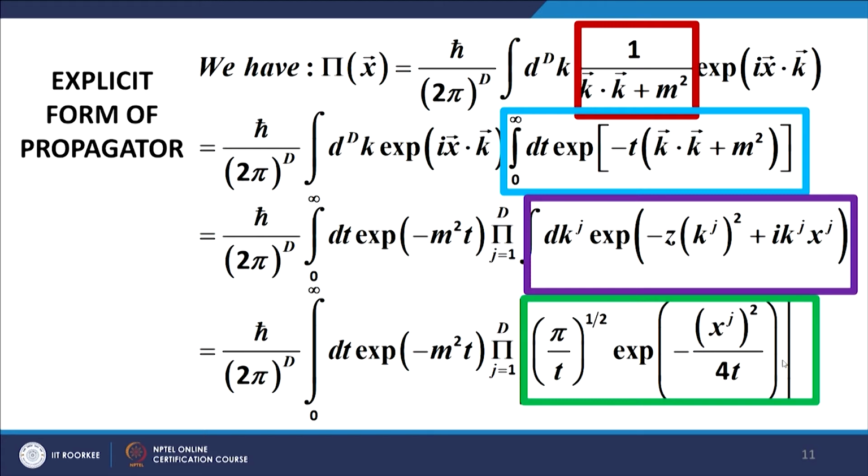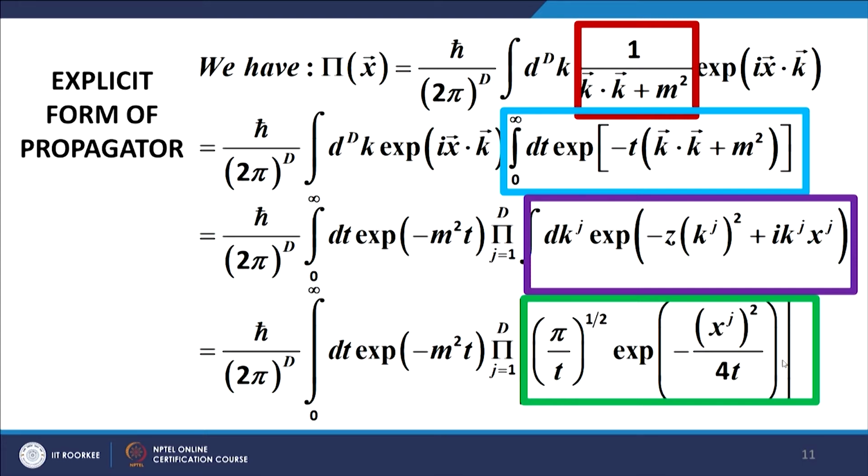Now, if you look at the expression in the red box in the top equation, it can be represented by an integral that is given in the blue box in the second equation on your slide.